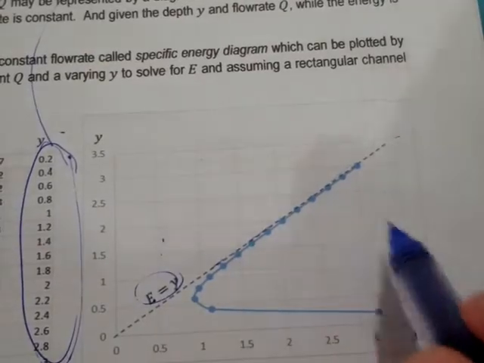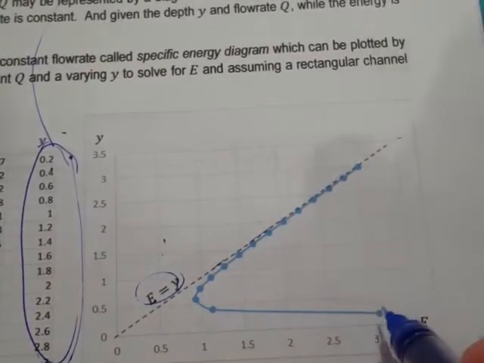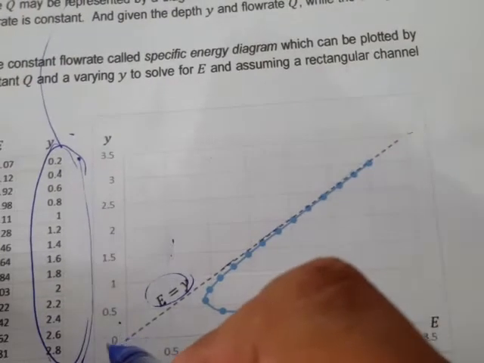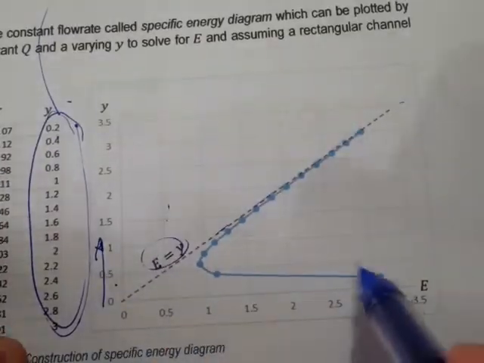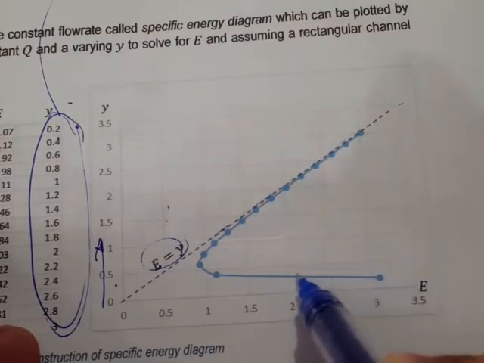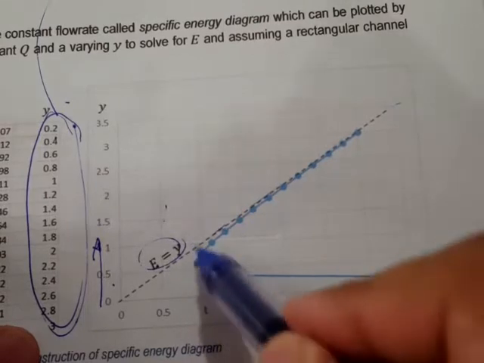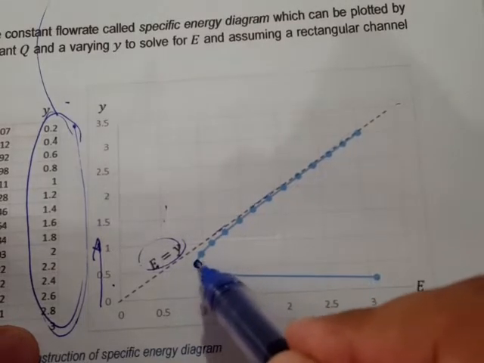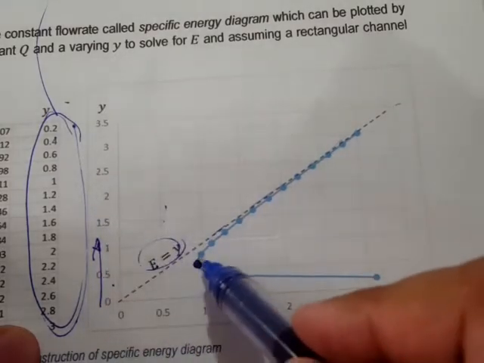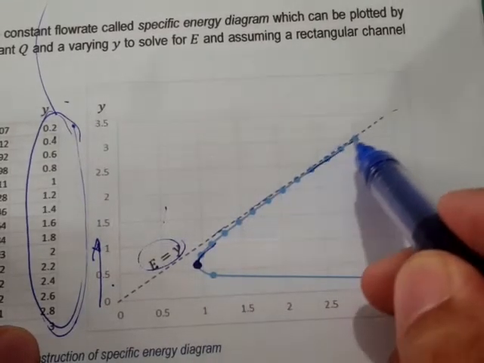So you see here that if we increase the depth, here's our depth, if we increase this, the specific energy is actually decreasing up to a point right here. There is a point wherein after that point, if we still increase the depth, there's going to be an increasing specific energy.